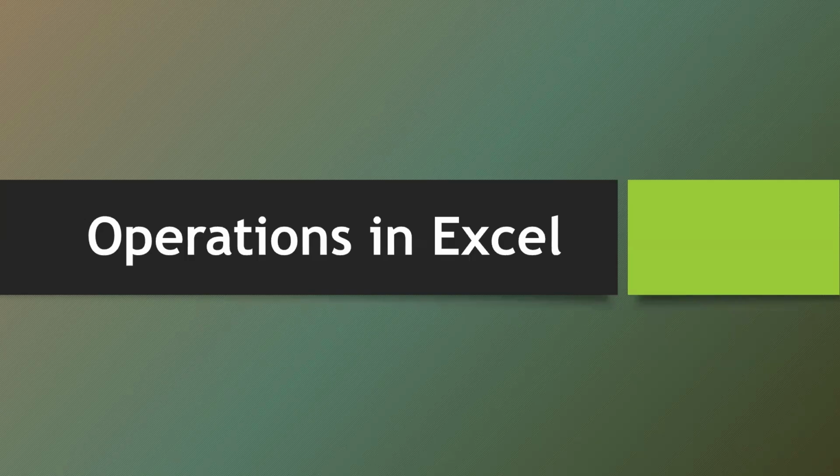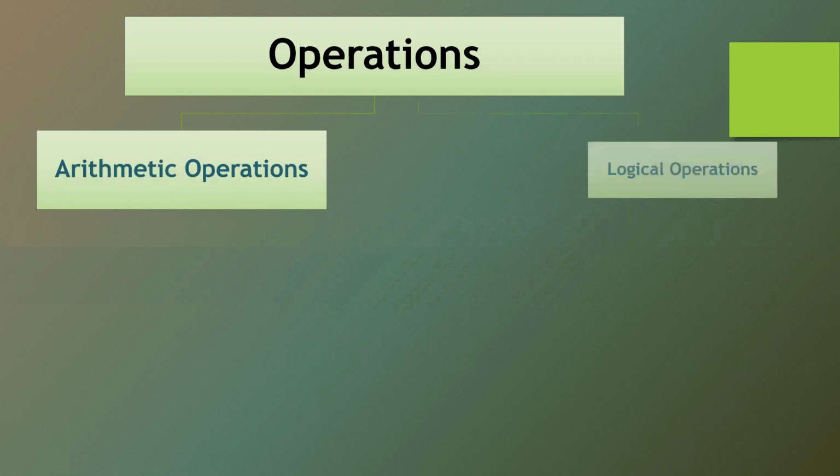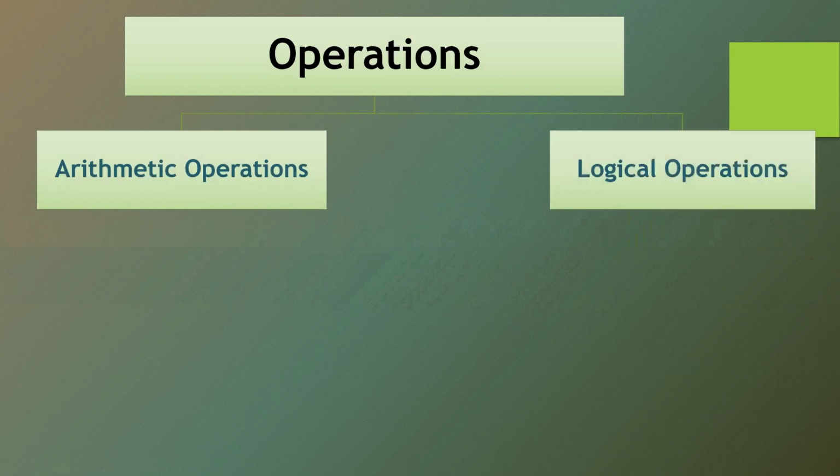Hi everybody, we will start working on the operations in Excel. But before we go, we need to understand what types of operations exist in Excel. In general, operations can be arithmetic operations or logical operations.